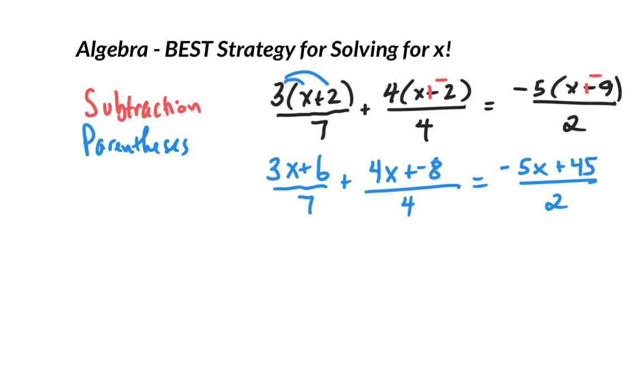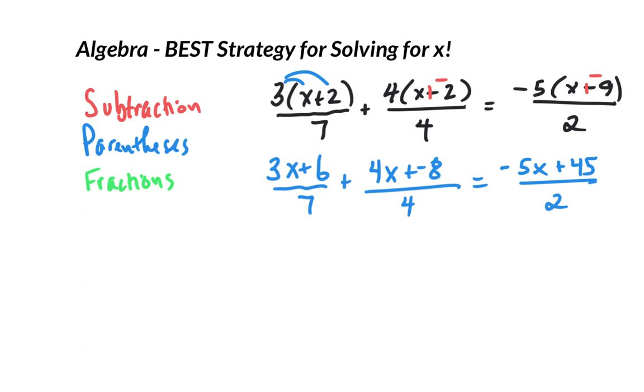Next step, we are going to get rid of our fractions. We want to eliminate all the dividing. Now, if this were a situation where we had one fraction equal to one fraction, I would just cross multiply. But that's not the situation here. We've got multiple fractions. The best way to solve for that strategically is to get one denominator for everything, a common denominator everywhere.